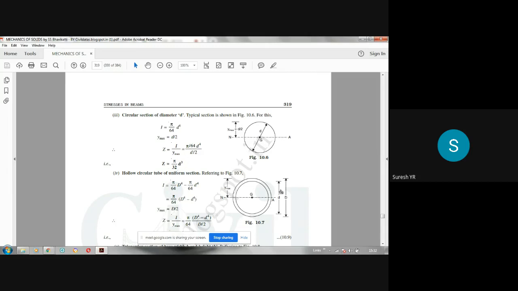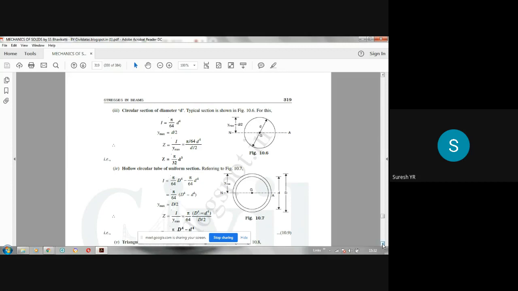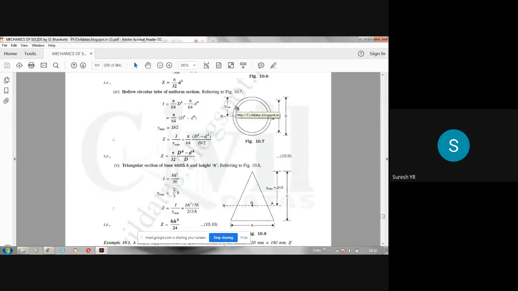Simplify that. Next, hollow circular section. In the case of a hollow circular section, you have two circles like this. The outer diameter is capital D, the inner diameter small d. So I of the outer circle minus I of the inner circle. That becomes pi D power 4 by 64 minus pi small d power 4 by 64.